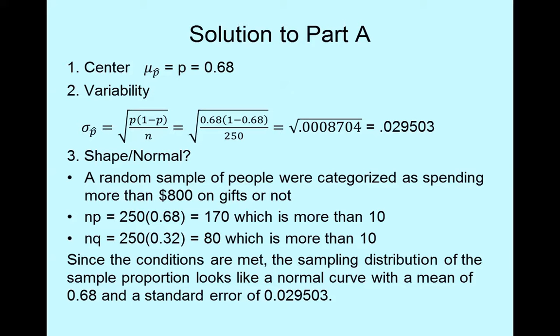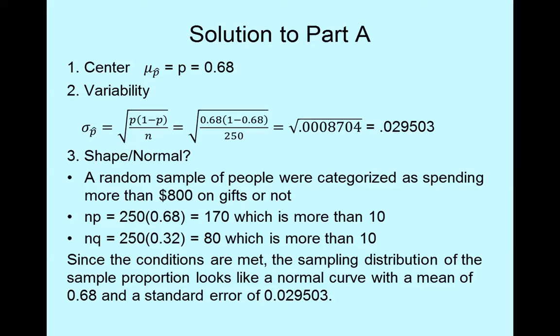What about the shape? Well, we took a random sample of people and we categorized them as, did they spend at least $800 on gifts or not? So those are our two categories, our success and failure categories. What about n times p? 250 times 0.68 is 170, and that is more than 10.